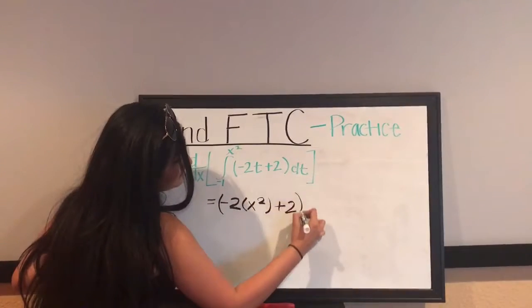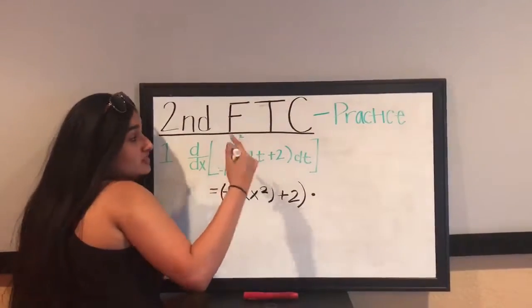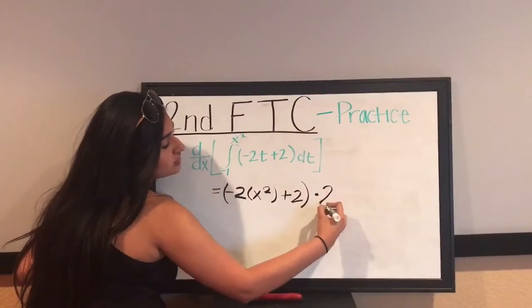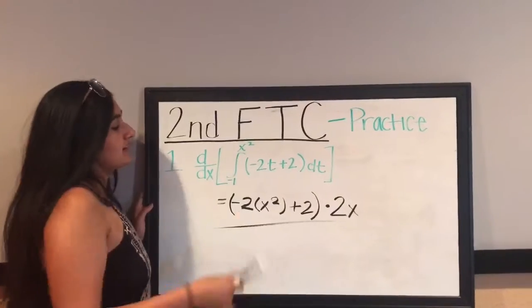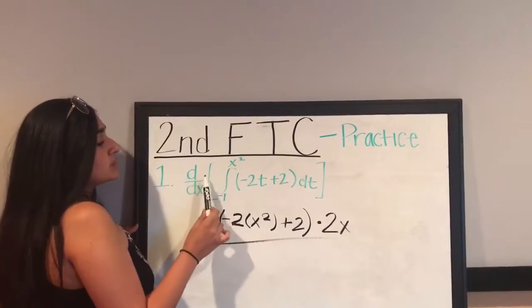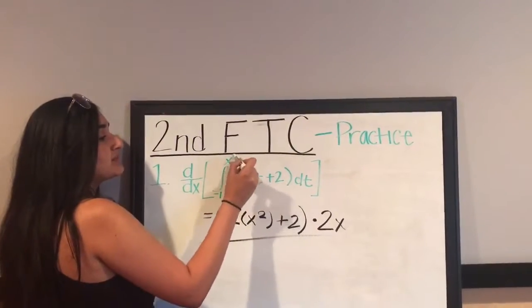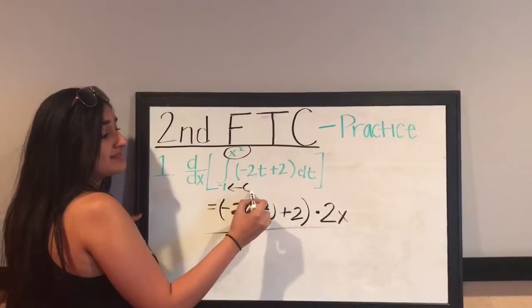Take this whole thing and multiply it by the derivative of x squared, which is 2x. There you go. By the way, this is a constant, and the derivative and the integral will cancel out, so what you will have to do is plug in the x value. We don't care about the constants.